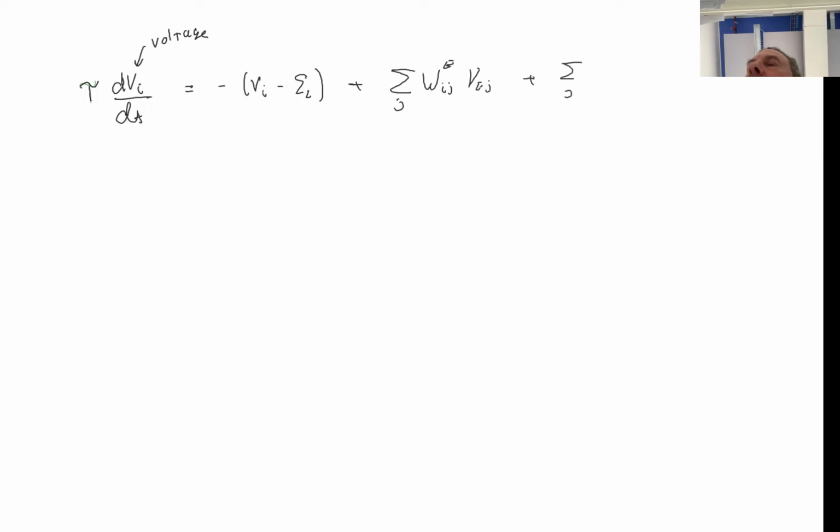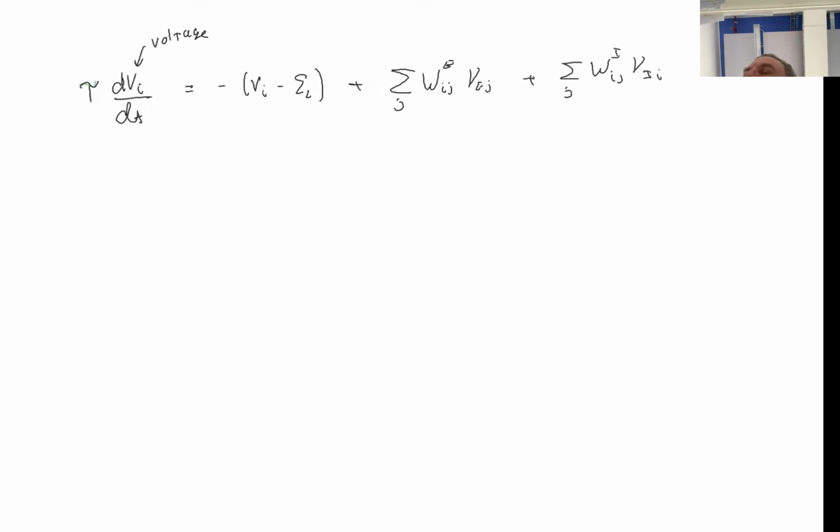Let's go back to my favorite equation: tau dv_i/dt, where v_i is now back to voltage, equals minus v_i minus E leak, the leak potential, plus the sum over j of W_ij^E times E_j, plus the sum over j of W_ij^I times I_j.